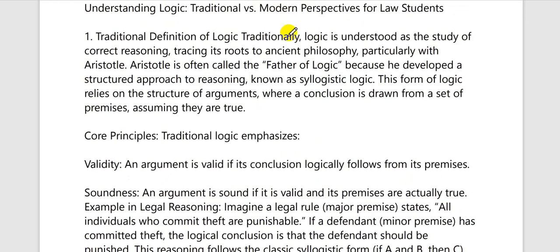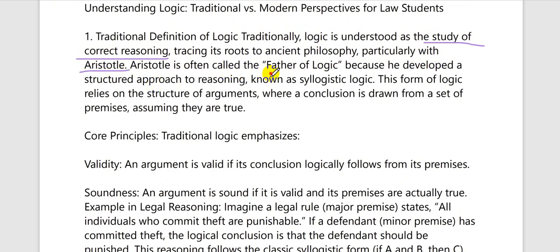Traditionally, logic is understood as the study of correct reasoning. Traditional logic, the study of correct reasoning, traces its roots to ancient philosophy, particularly Aristotle.